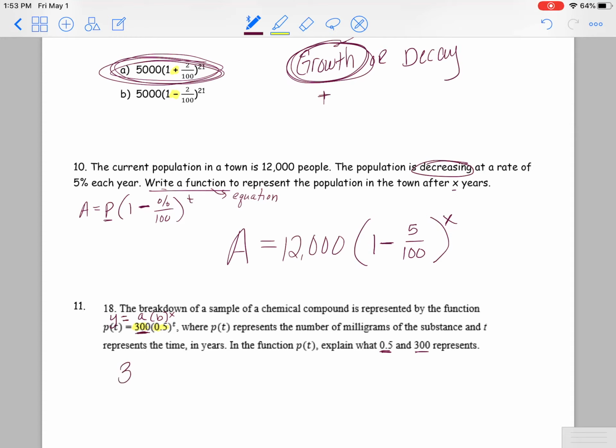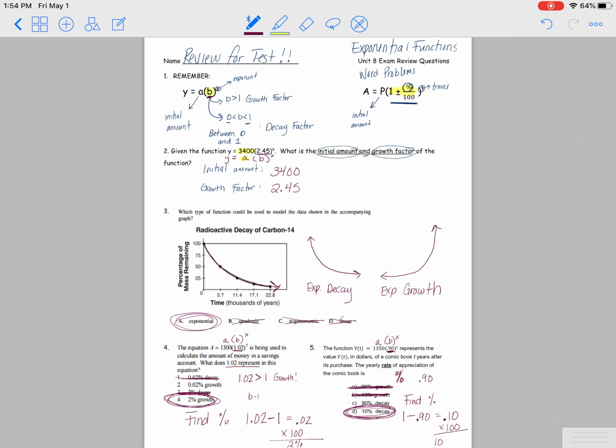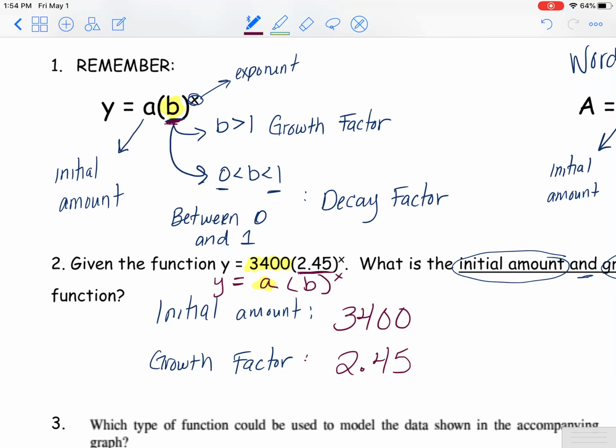Well, this looks an awful lot like y equals a b to the x. Well, what do we know about the 300? That's the number in front. So we know that 300 is the initial amount. All right, so what about 0.5? Well, if you go back, what did we say?